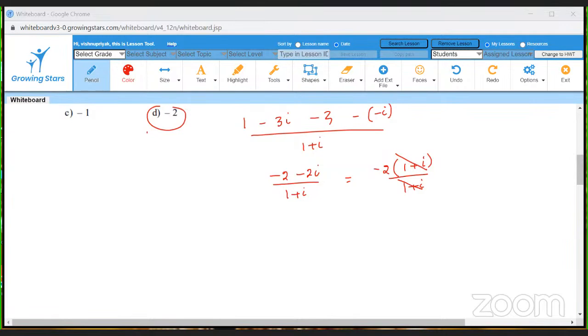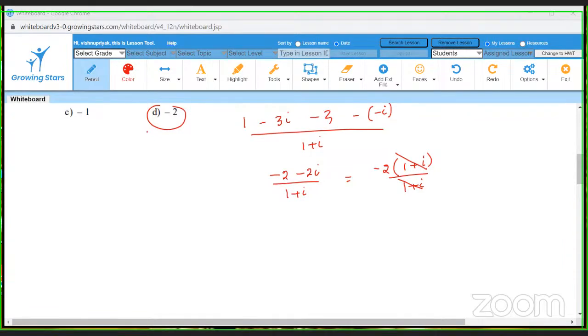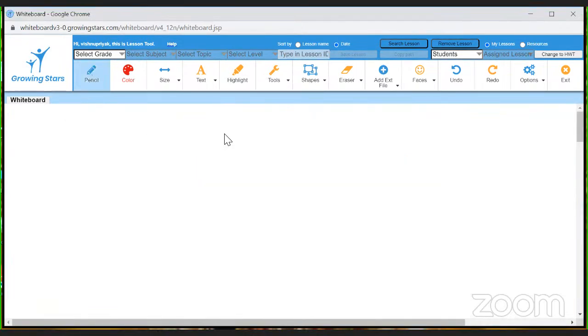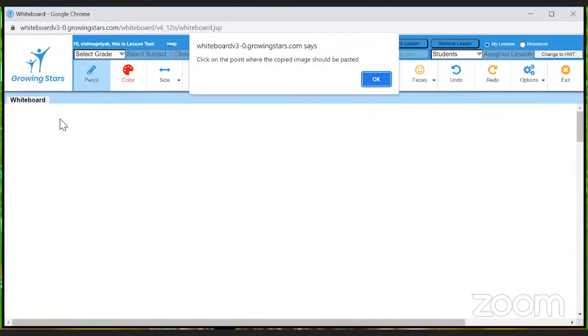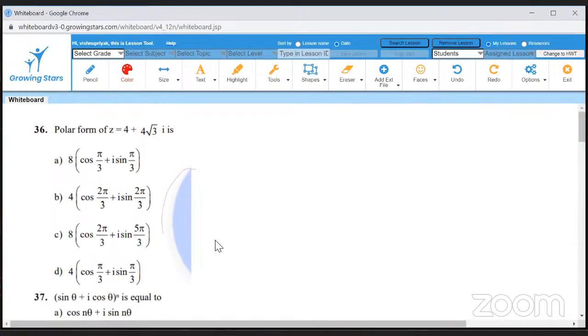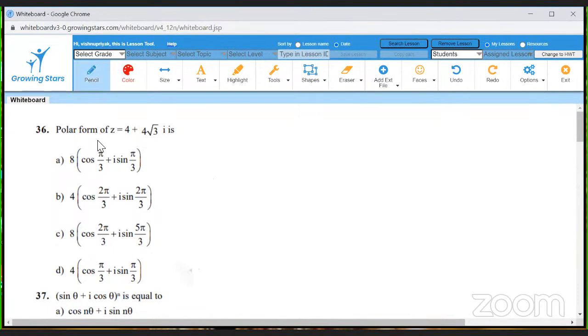Next, we completed 35. So we will go to 36 and 37. The next question. Here is the next question. They're asking you to write the polar form.